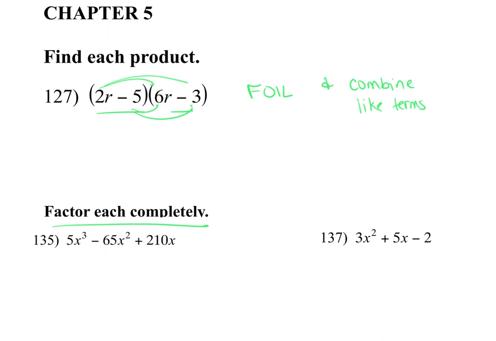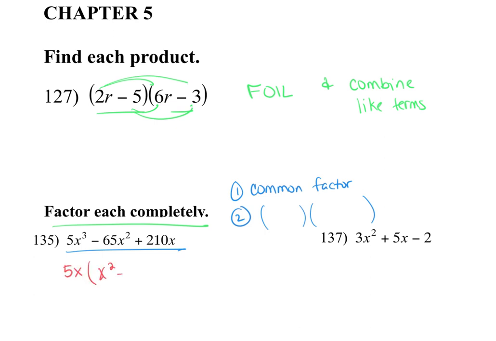Factor, that is where you're going the other direction. So remember, you want to take out your common factor first. Take out your common factor. Then you're going to break it up into two binomials. It just depends on what happens at that point. Like this guy, you can take a 5x out of, okay? And so when I take a 5x out, I'm left with x squared minus 13x plus 42.